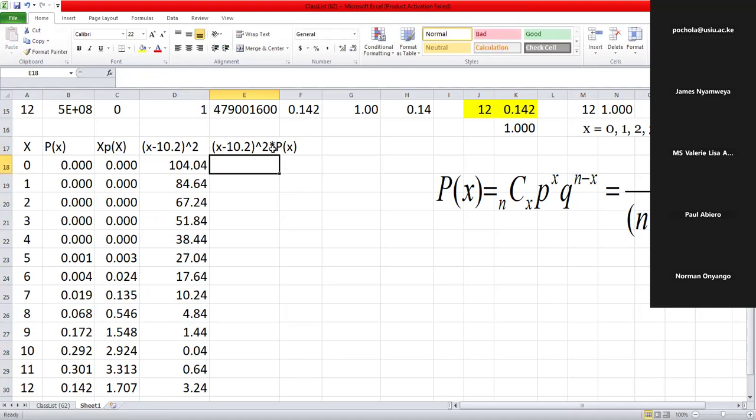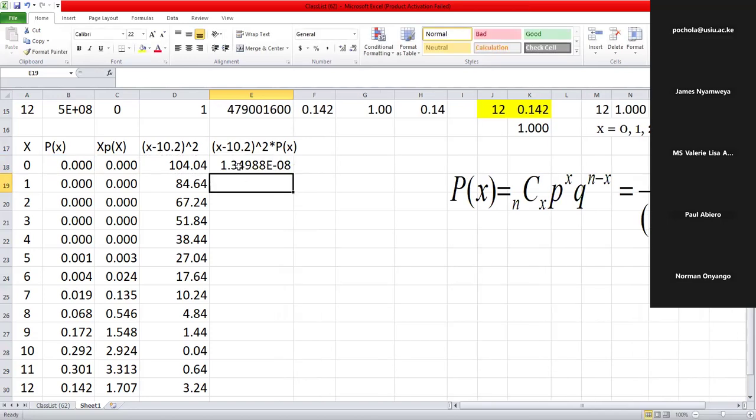Then sum. You don't go through this part, but I'm still giving you that. I'll give you the alternative. Normal numbering system there. Then I do it for all.